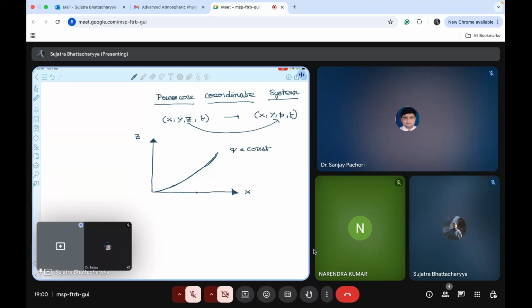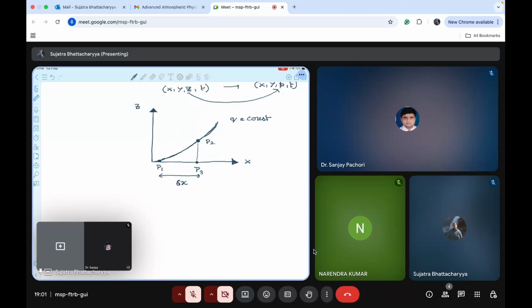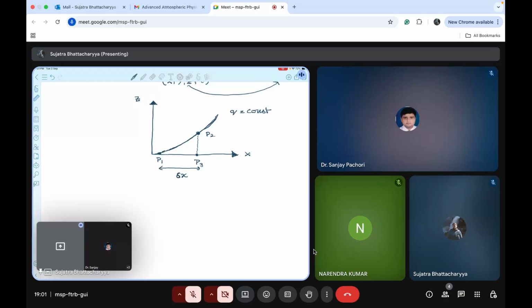Let us say the pressure here is P3, vertically upward. Here the pressure is P2, and somewhere near here, suppose the pressure is P1. The distance between these 2 points where the pressures are P1 and P3 is delta x. And let's say this is some delta z.